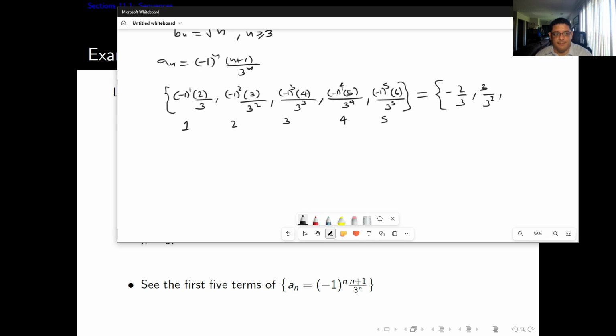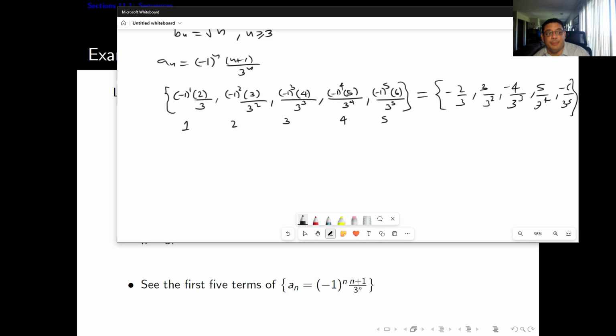Here we'll have a minus 4 over 3^3. Here we have 5 over 3^4. And here we have minus 6 over 3^5. Of course, you might get the numbers right away instead of having the powers of 3 stated, but this is one good way of representing those 5 numbers.